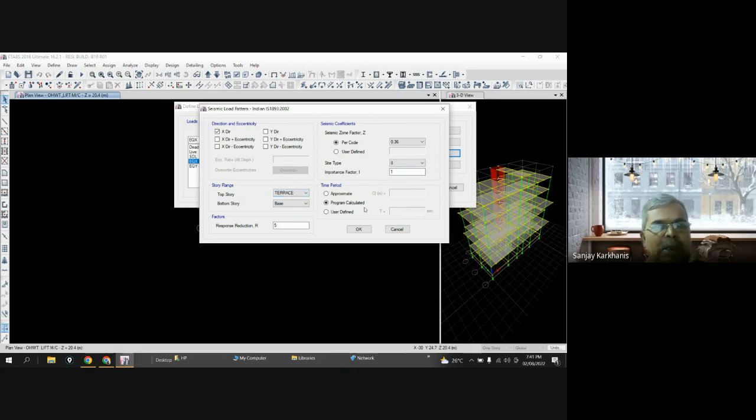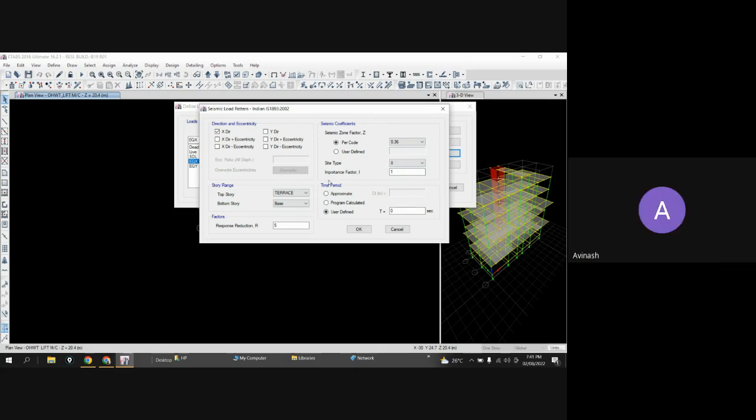Okay. Now time period. There are three choices. Either you can go for approximate, and in this you have to mention whatever approximate time period you are using, or you may go with the help of your calculation. Here you can calculate it by the formula 0.09 h over root d. Clear? Yes, sir.